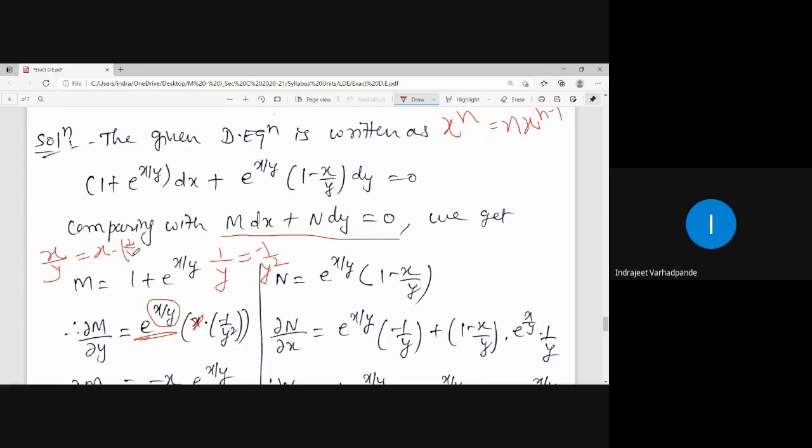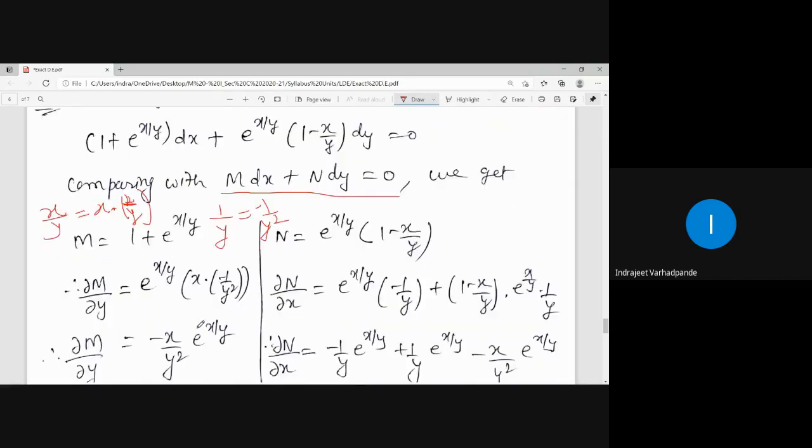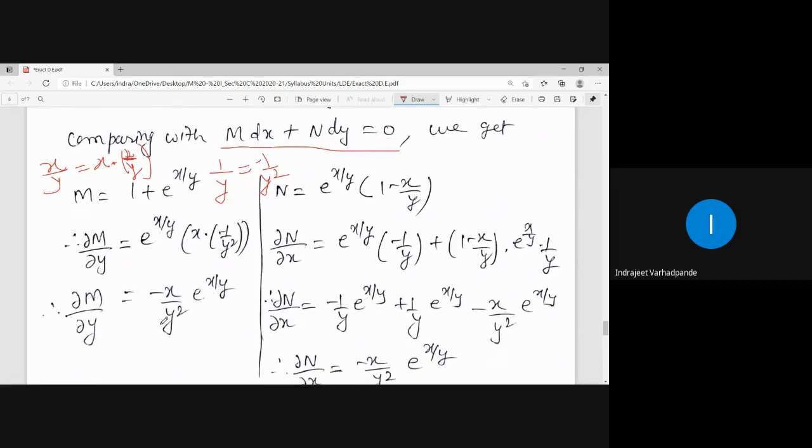And what is the derivative of 1 by y? Minus 1 by y square. So how is it? E to the power x by y into x into the derivative of 1 by y, minus 1 upon y square. So what does it give you? Minus x upon y square into e to the power x by y.